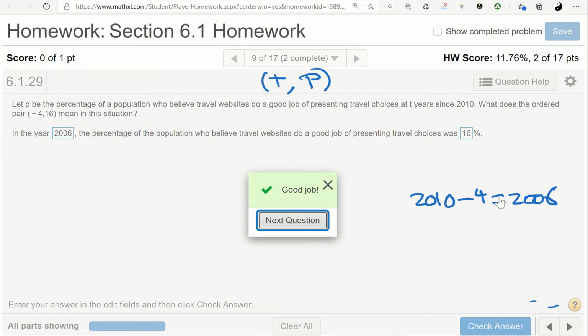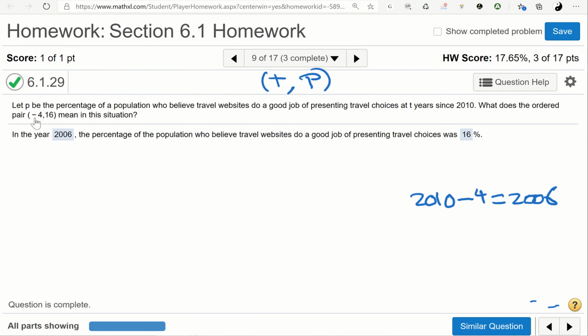Like so. Okay? So be careful with the situations where that's negative. You're not going to want to add that to the reference year. You're going to want to subtract that. So this means 4 years before 2010, essentially what that negative indicates.